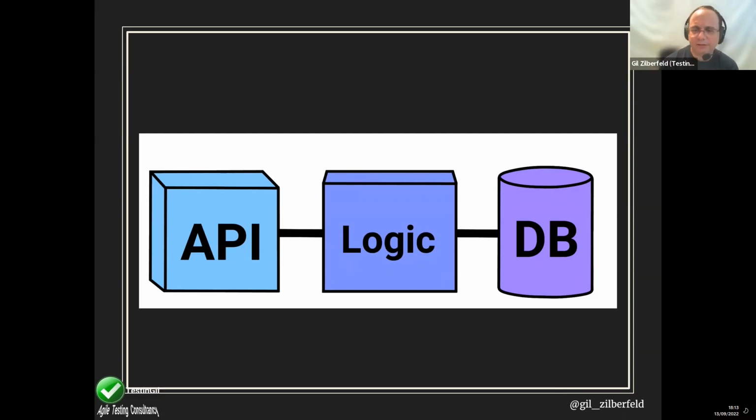I want to refactor the logic part because I was smart and the API level is very thin and doesn't need refactoring. And I may have tests for the APIs. Let's say this is the situation. So this is like an end-to-end scenario when I call the APIs and it calls from the logic to the database and back. So I have some kind of coverage here.